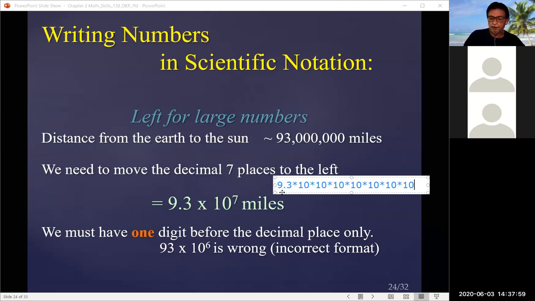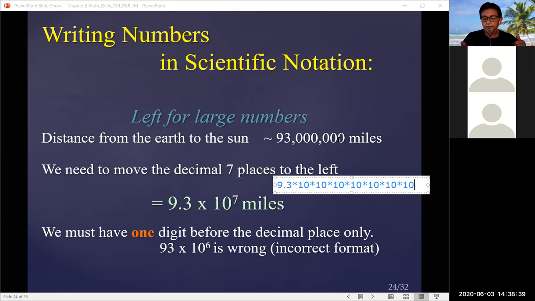If you were to multiply 9.3 times 10 seven times, you will have 93 million. So these zeros, these decimal places, represent 10 to the 1 power. The decimal places that you move either left or right are designated 10 to the 1 power if you go from right to left, or 10 to the -1 if you go from left to right.